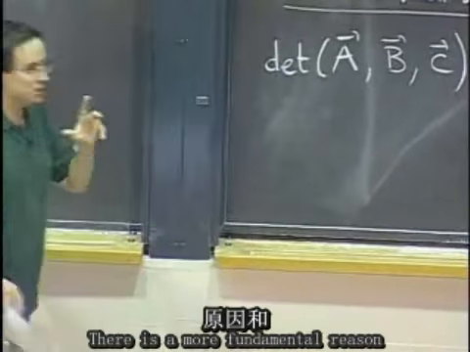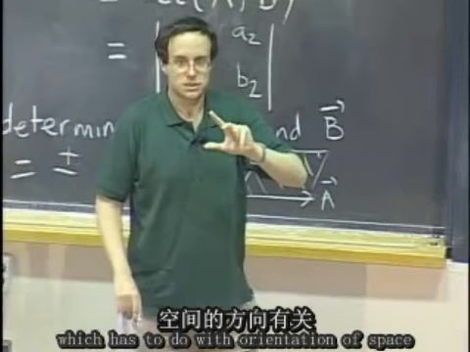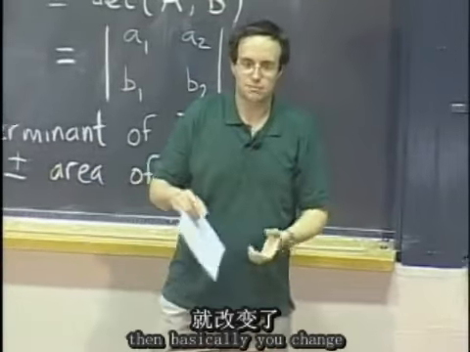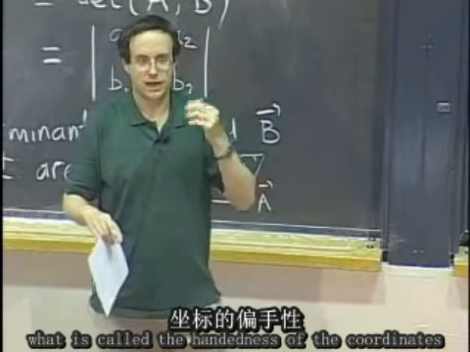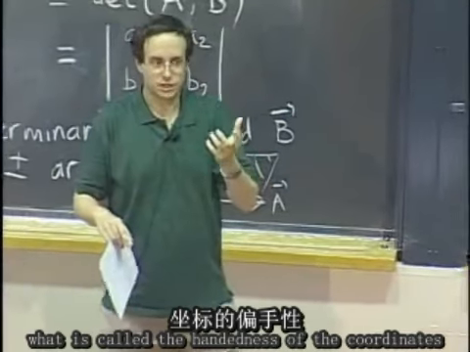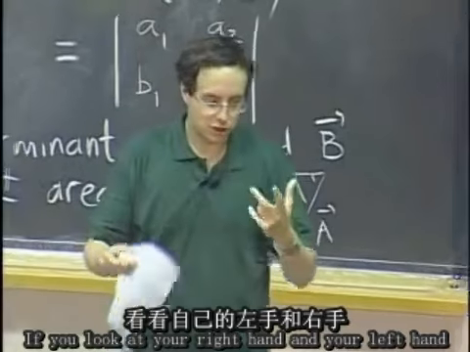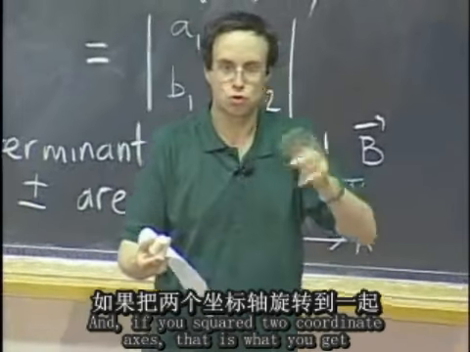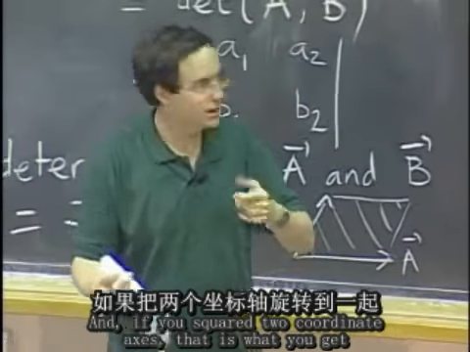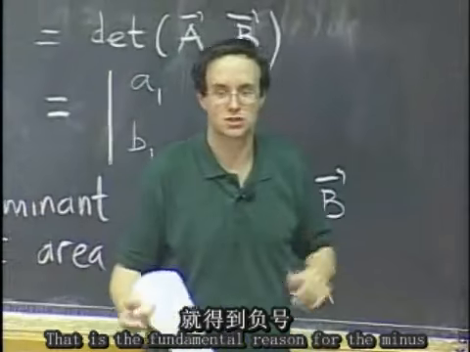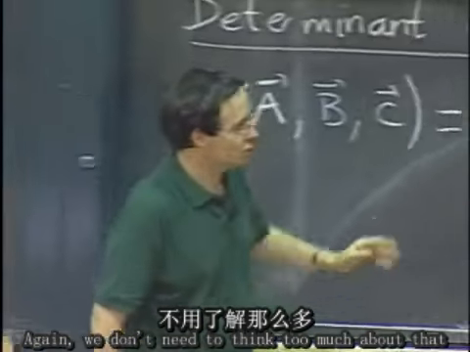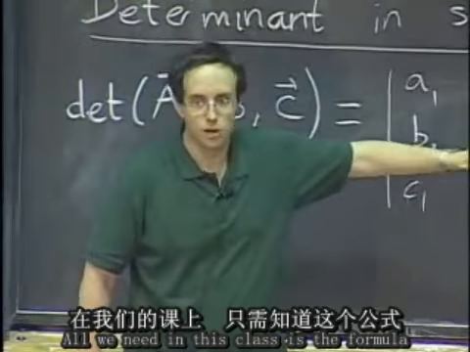There's a more fundamental reason which has to do with orientation of space and the fact that if you switch two coordinates in space, then you change what's called the handedness of the coordinates. If you look at your right hand and your left hand, they are not actually the same. They're mirror images. And if you swap two coordinate axes, that's what you get. That's the fundamental reason for the minus. But we don't need to think too much about that. All we need in this class is the formula.